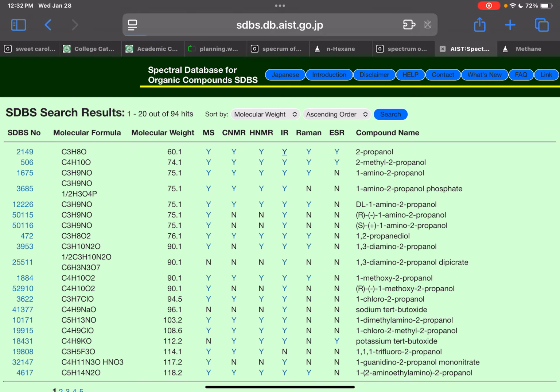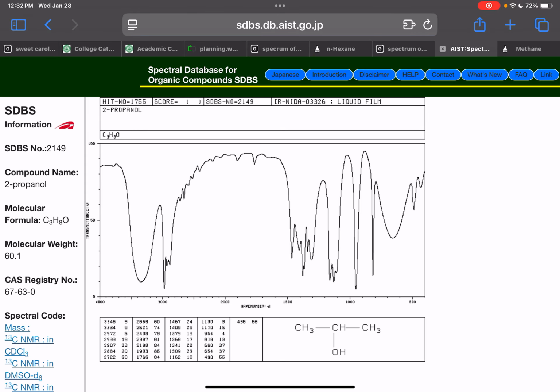But there's a Y, so we click on it. Okay, so this brings up the IR spectrum for rubbing alcohol. Now what I want you to be able to do is to look at this and compare this to the correlation table that I'm going to send out to you. And I want you to identify as many of the signals on here as you can.